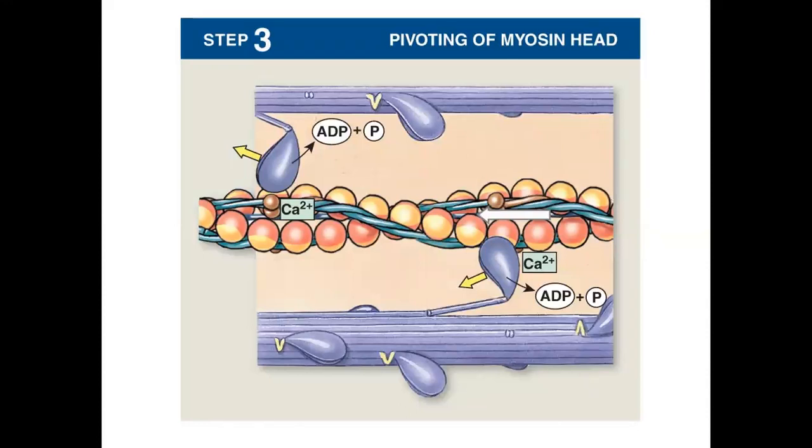It is stuck with ADP, it is stuck with an inorganic phosphate, and it has a lot of energy. However, if there is no calcium, that is the only thing it can stay with: an energized head with ADP plus inorganic phosphate.